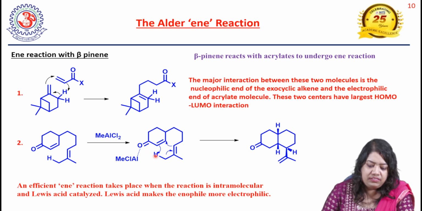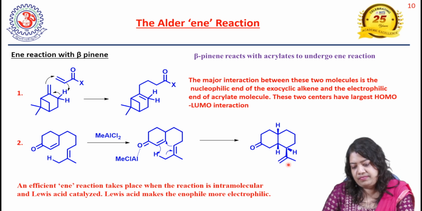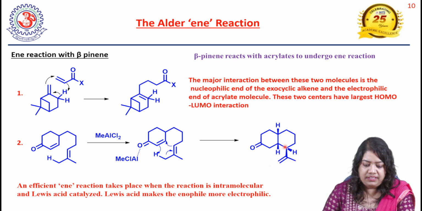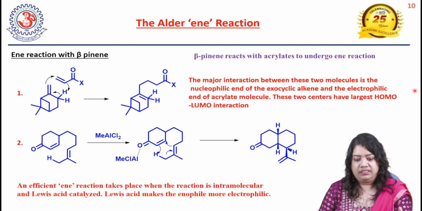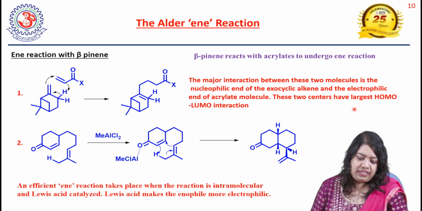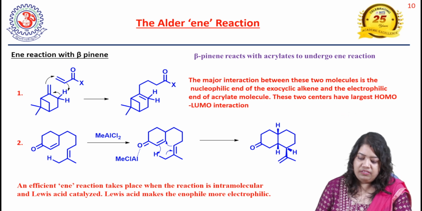Here we can see that after the intramolecular ene reaction, we get a cyclic counterpart, a decalin kind of system, with a substitution which is difficult to make otherwise. These are the applications of ene reactions we can study.